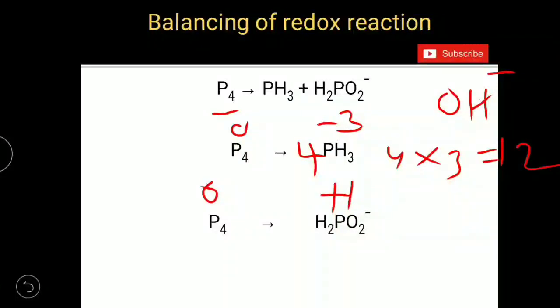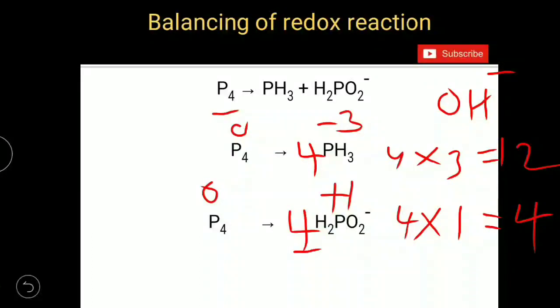We can see 1 unit. But phosphorus atoms are not balanced here. To balance them, we should multiply this H2PO2- by 4. So the difference in oxidation state should also be multiplied with this 4 to get the n-factor. Difference in oxidation state is 1 and multiplied with 4. So the n-factor is 4 for the second half reaction.